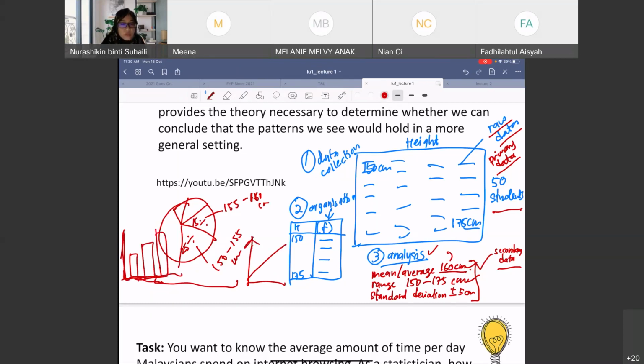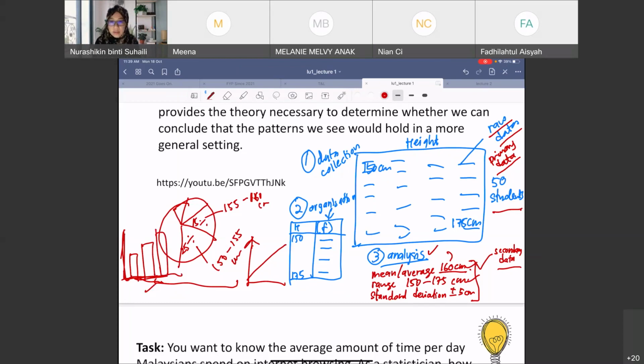And how to choose which kind of graph you want to present. You can determine by yourself the suitability. Let's say for this one, maybe a pie chart is suitable, or maybe a bar chart is also suitable, right? Because it will give a picture of the data more easily, okay?